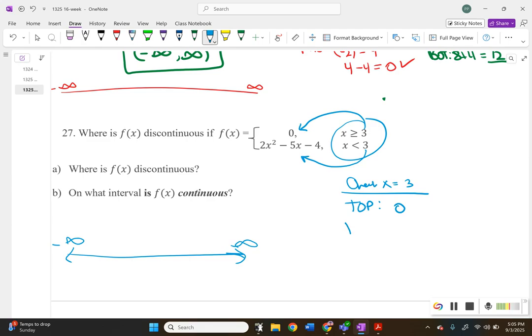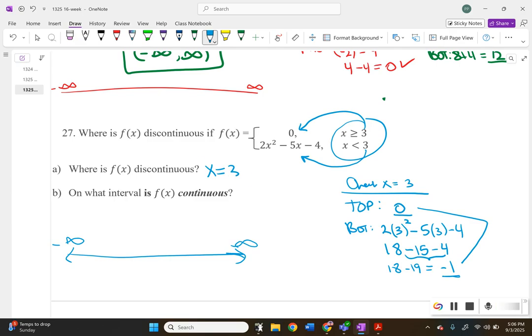Plugging it into the bottom equation, I'm going to get 2 times 3 squared minus 5 times 3 minus 4. So that's 2 times 9 is 18 minus 15 minus 4. So that is 18 minus 19, which is -1. So I plugged it into the top, I got 0. Plugged it into the bottom, I got -1. Those are not the same. So it is discontinuous at x equals 3.